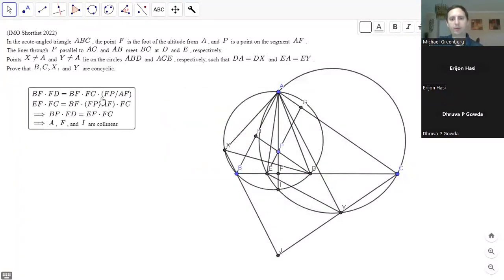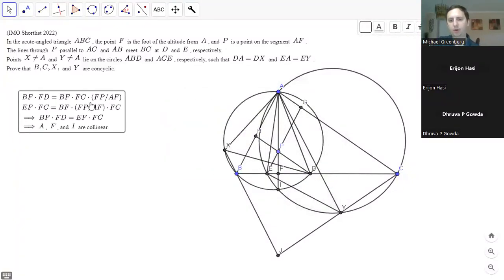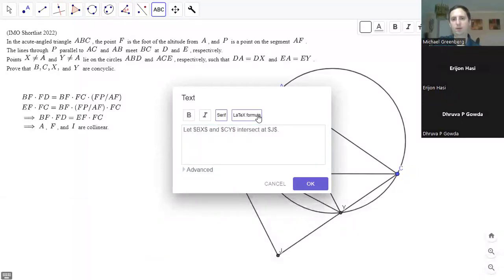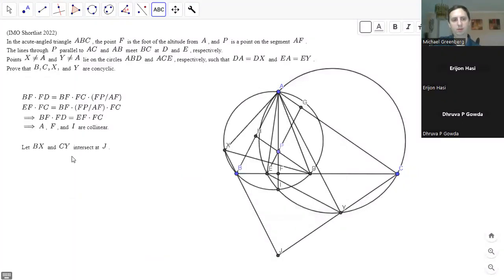And then after that, let DX and CY intersect at J. And then now we're going to show J is just a reflection of A over BC.